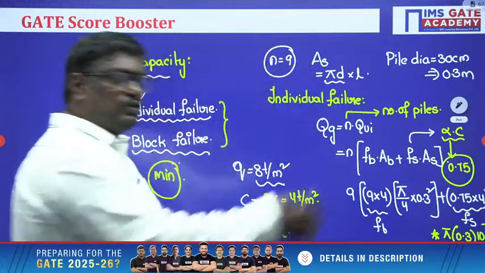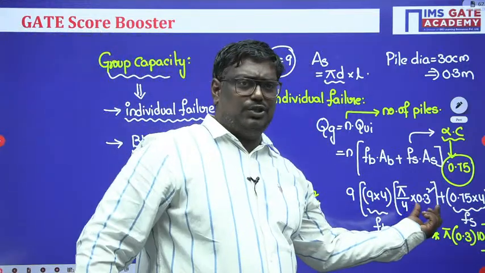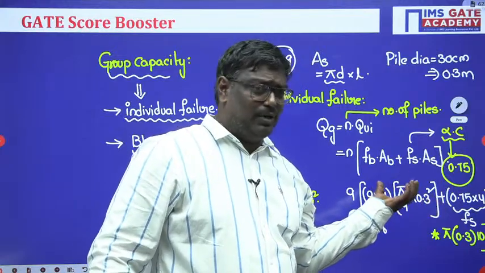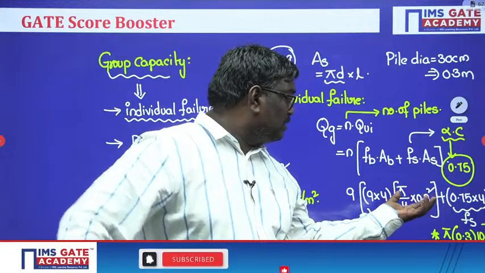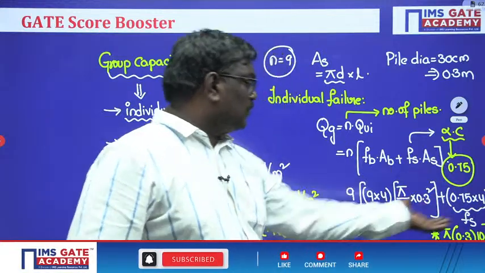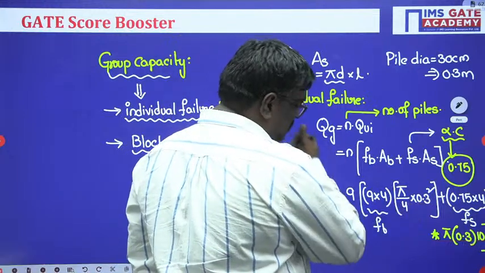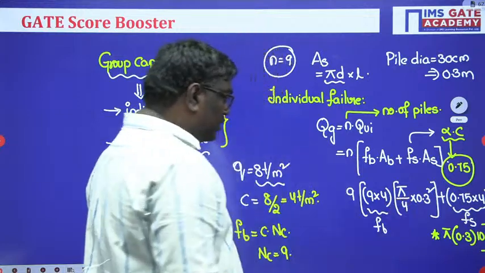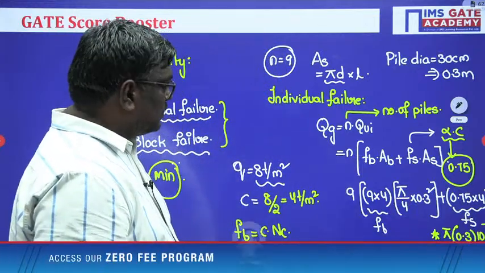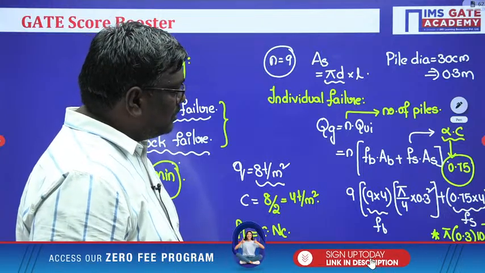So if you solve all these things, 0.09 into 3.14, it will be around 0.3 or something. If you solve this question, let me check it.